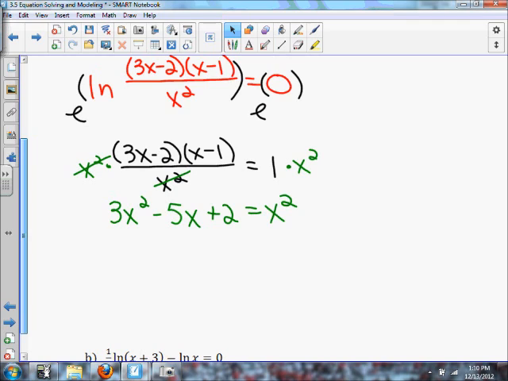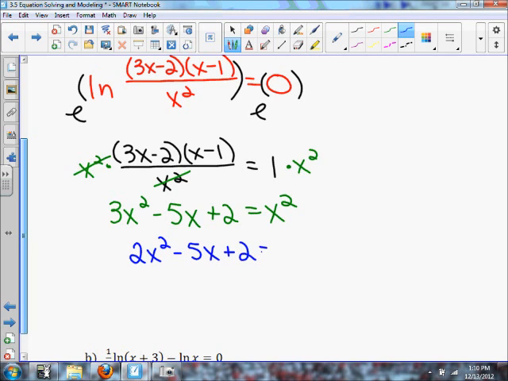Now, I need to get the x squareds all on one side. So I'd be left with 2x squared minus 5x plus 2 is equal to 0. All right, I subtracted x squared to the other side. Is this factorable?